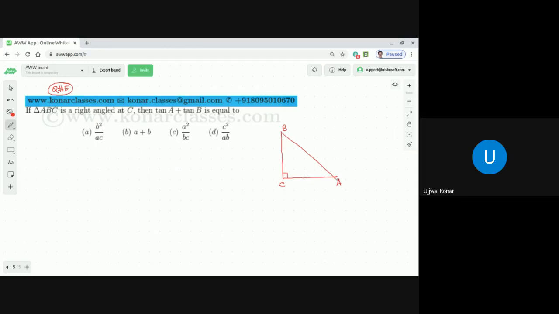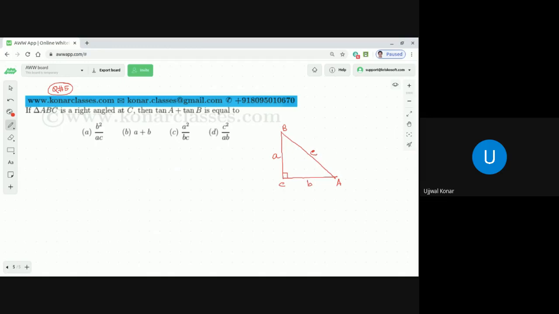That means opposite to the angle A, that side is denoted by lowercase a, which is nothing but BC. In the similar way, opposite to the capital angle B is the side b, which is nothing but CA. And opposite to the capital angle C is lowercase c, which is nothing but AB. That is the convention. Always remember this thing.